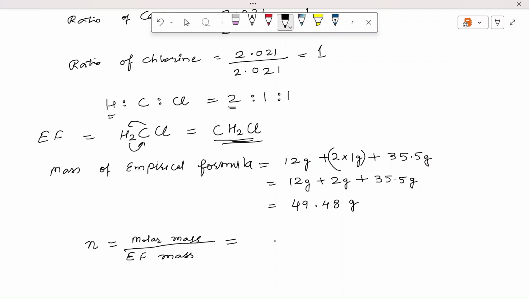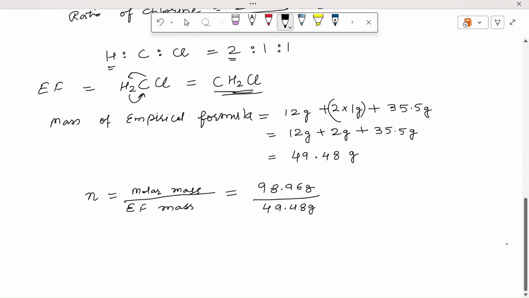The molar mass has been given, which is 98.96 grams, and the empirical formula mass we have already calculated, which is 49.48 grams. The n factor comes out to be equal to 2.